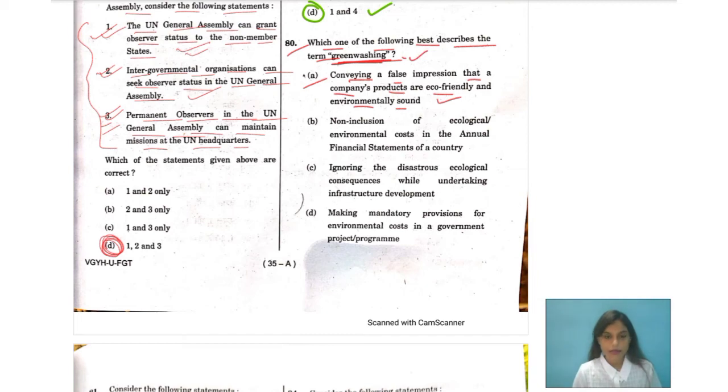Also, let me tell you that greenwashing is basically considered to be an unsubstantiated claim to deceive consumers into believing that a company's products are environmentally friendly. All right. So yeah, that's your answer. Option A is your correct answer, and the rest are wrong.